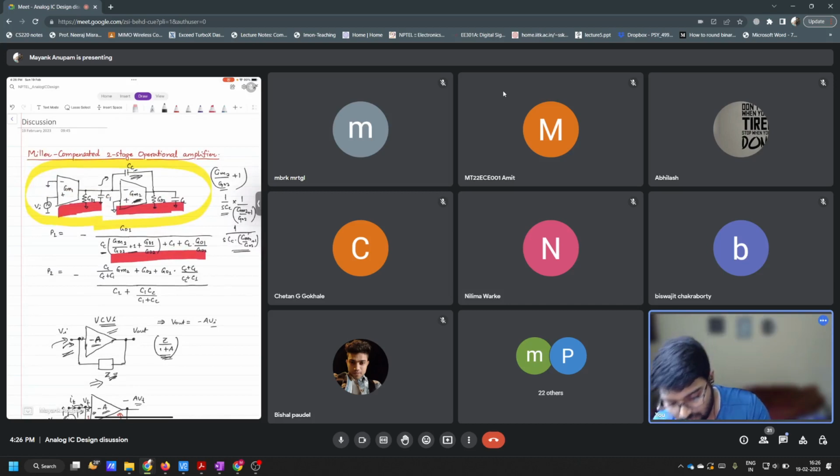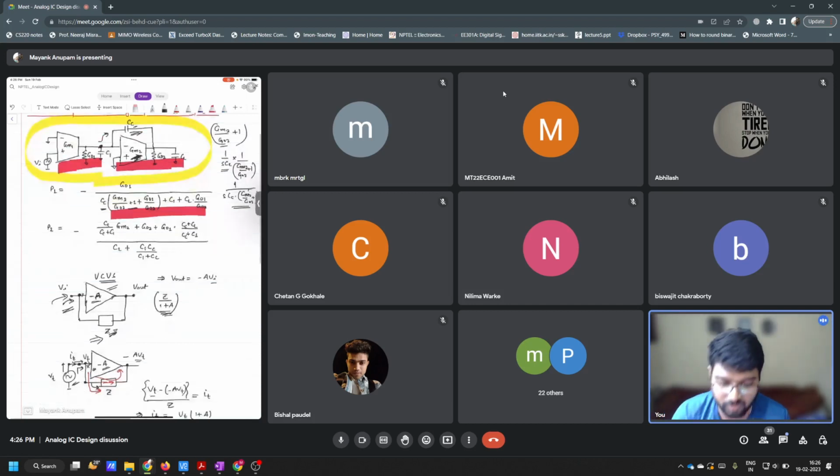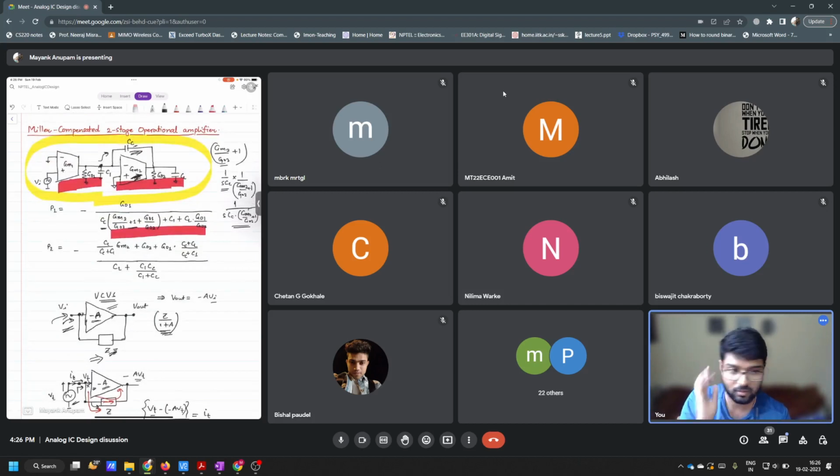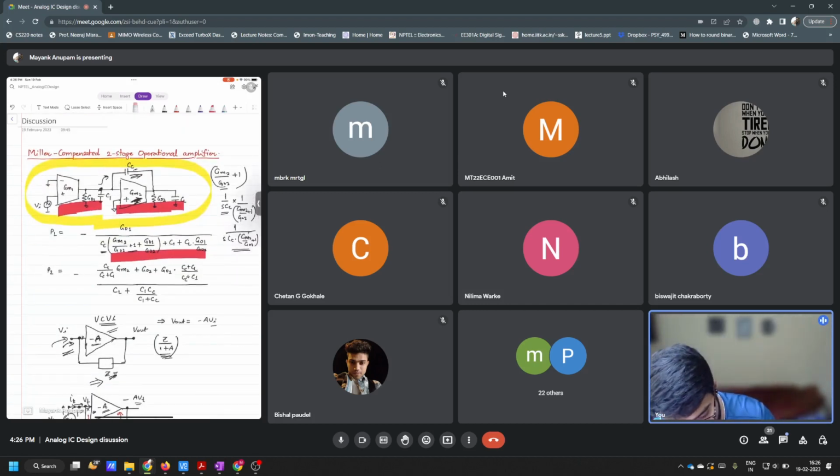The capacitor looking in at this node is amplified by a factor which is the gain of this second stage. That is why it is called a Miller compensated operational amplifier. Okay, fine. So note this.